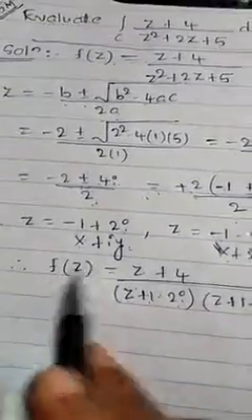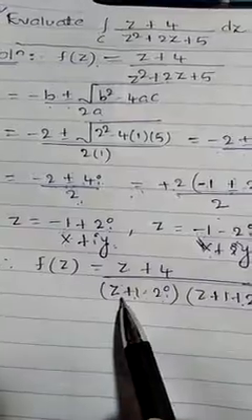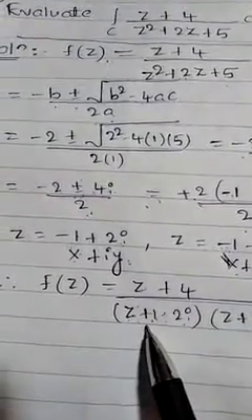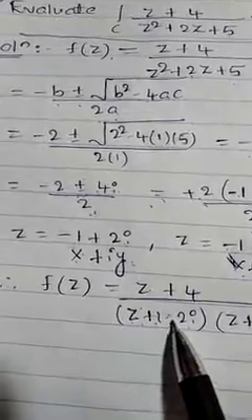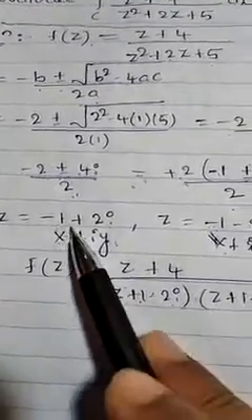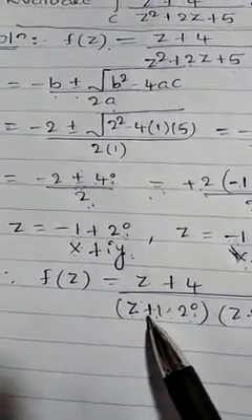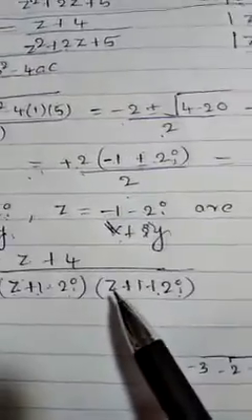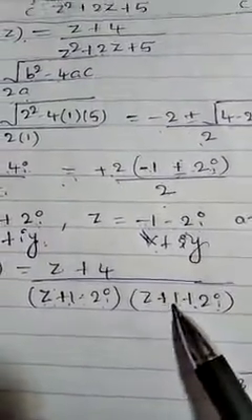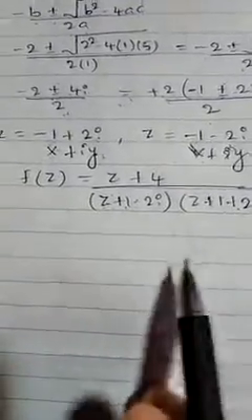Therefore f of z can be written as z plus 4 divided by z minus of minus 1 plus 2i, that is z plus 1 minus 2i, into z minus of minus 1 minus 2i, that is z plus 1 plus 2i. Is it right? That is f of z.